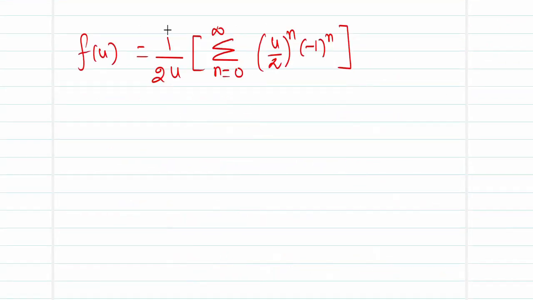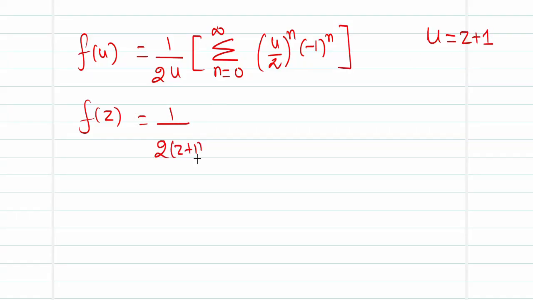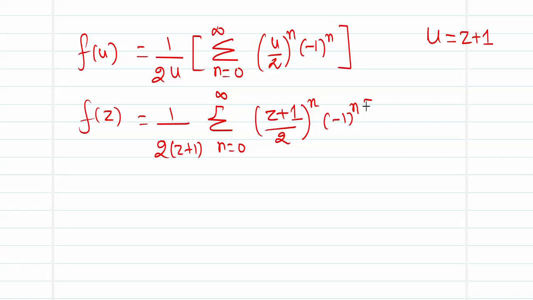So resubstituting, your f of u will now turn out to be a function of z by replacing u with z plus 1. So the function will now be 1 by 2(z plus 1), summation n varying from 0 to infinity, (z plus 1) divided by 2 the whole to the power of n, and minus 1 power n.